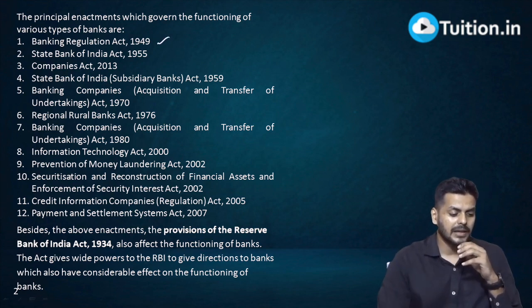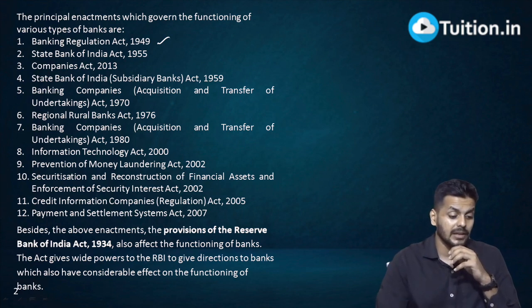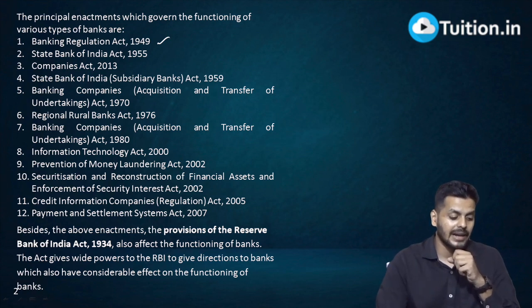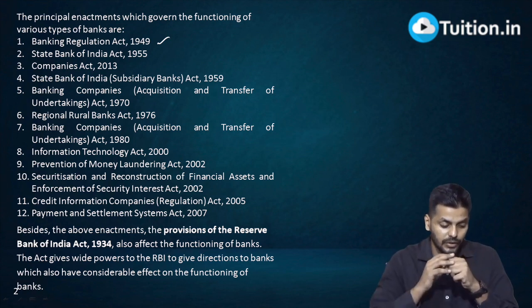So many laws: Banking Regulation Act, SBI Act, Companies Act, SBI Subsidiaries Act, Banking Companies Acquisition and Transfer of Undertakings, RRBs Act, IT Act 2000, Prevention of Money Laundering Act, PMLA, very important, Securitization and Reconstruction of Financial Assets and Enforcement of Security Interest Act, Credit Information Companies Regulation Act, and Payment and Settlement Systems.